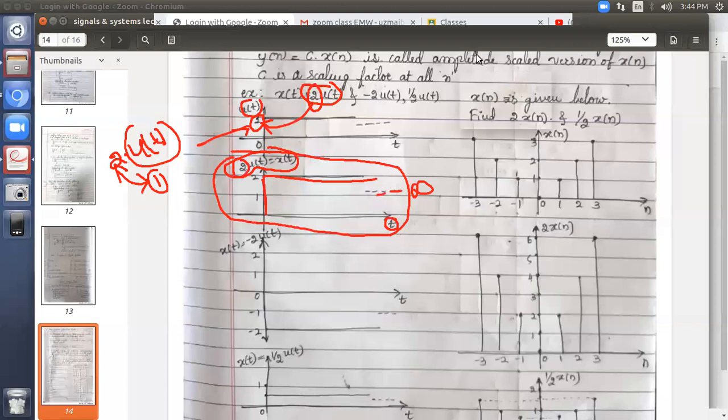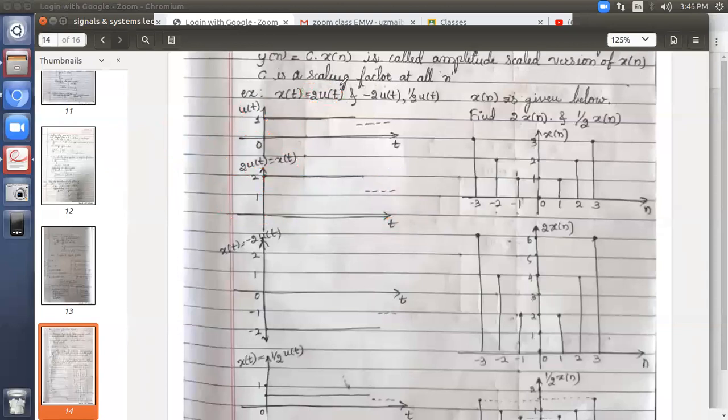Similarly, let's try to draw the second signal, that is minus 2 into u of t. Again, to draw this, this is a reference. You should know how u of t is drawn and mark the horizontal and vertical points. Then, what is the amplitude value given here? It is minus 2.